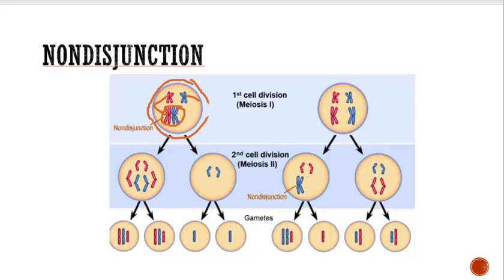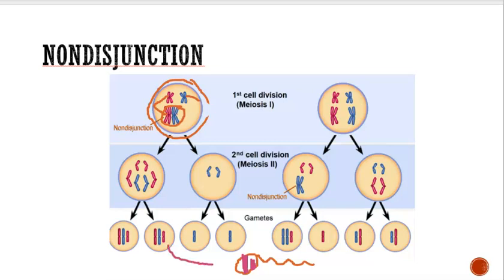So if you think about it, what would happen if we had a sperm cell here, let's make it red, with a large chromosome and a small chromosome, which is the normal complement, right? So we had one large, one small chromosome.